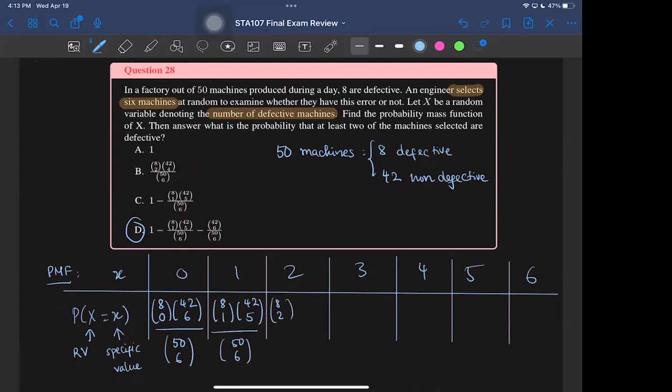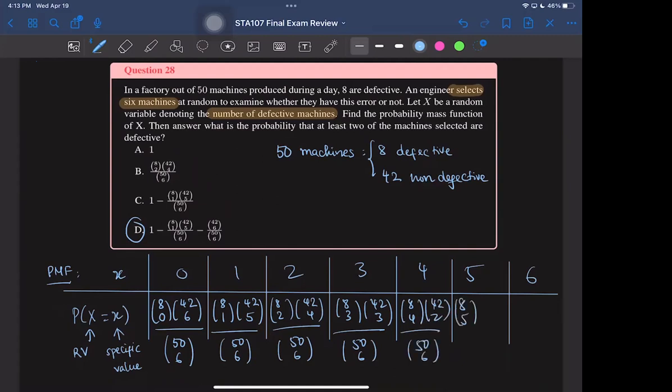And I do that for the rest. And the table that we just created is a PMF.